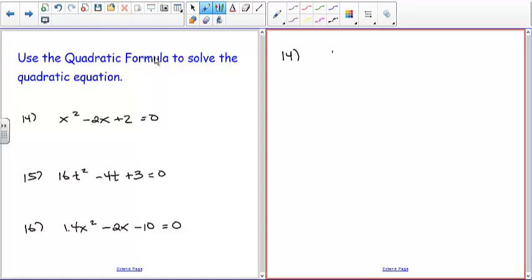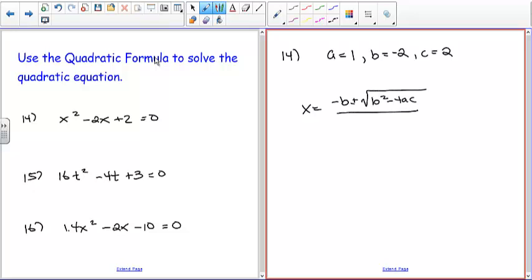So in the first one, a is equal to 1, b is equal to negative 2, c is equal to 2. So the quadratic formula is x, which are the values of x that cause us to go to 0, are minus b plus or minus the square root of b squared minus 4ac all over 2a. So all I have to do is plug in the values.